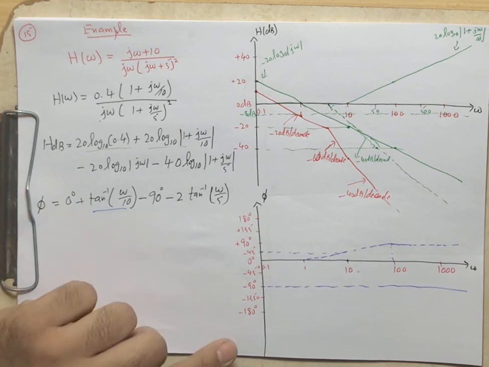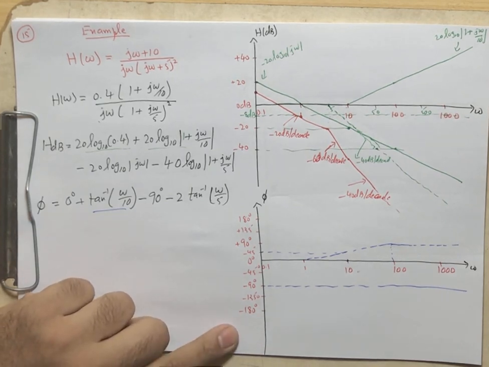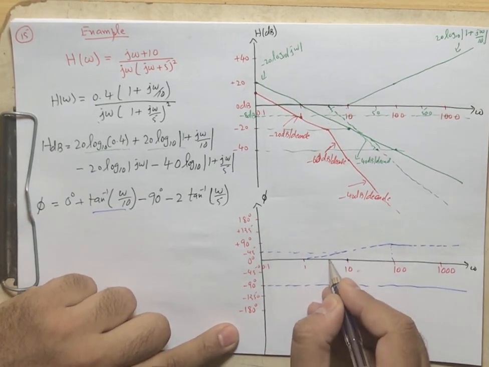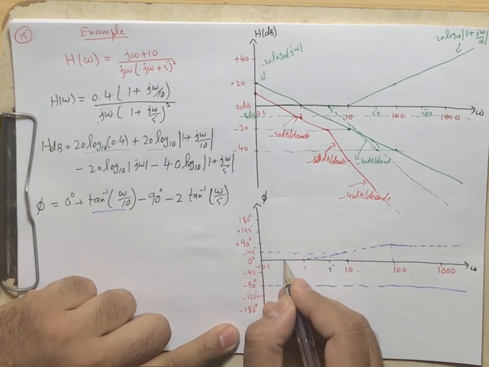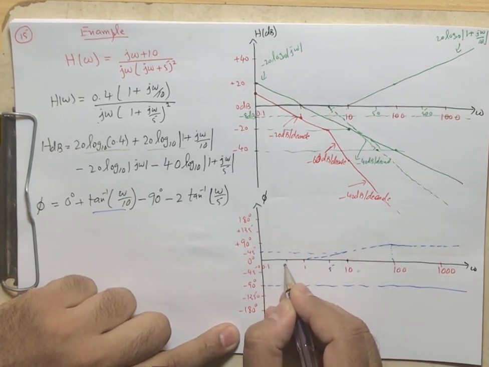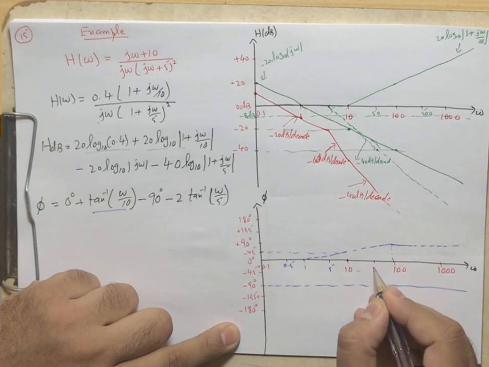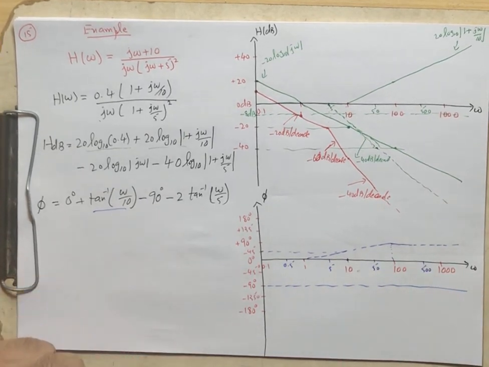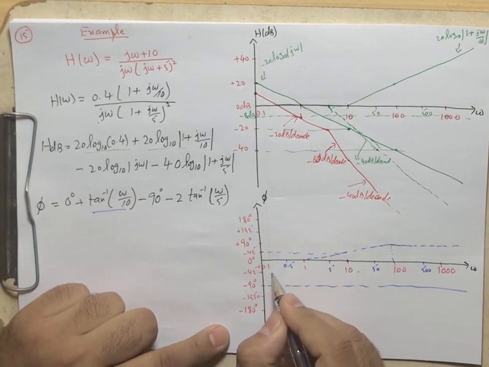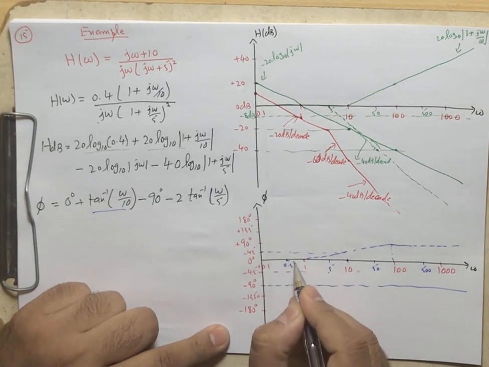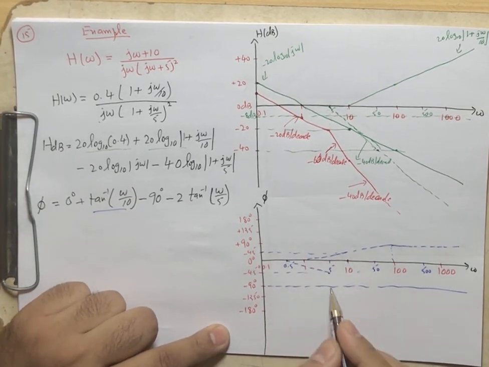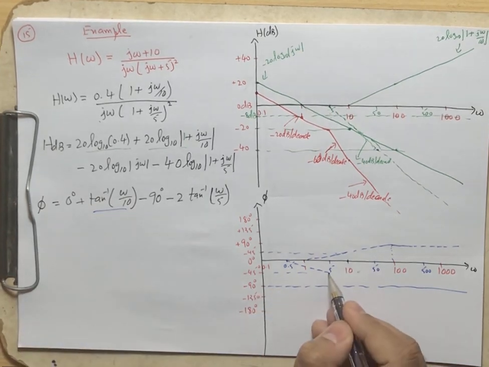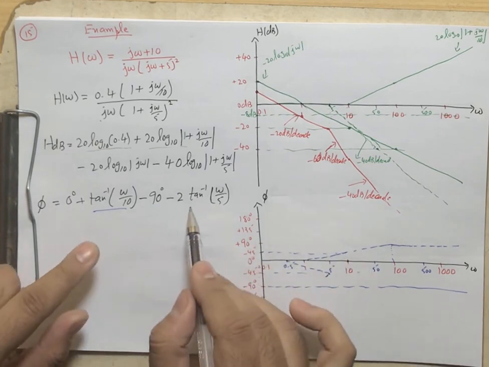So basically, this is 5, so this one will be 0.5, this one will be 50, and this one will be 500. So I can say that from 0 till here you will have this one of 1, but you have 2 over here.